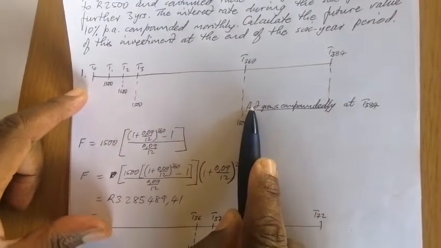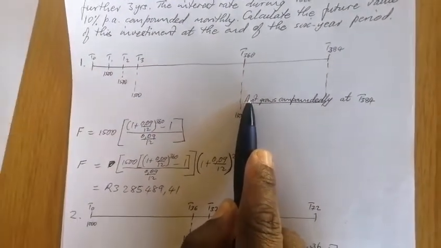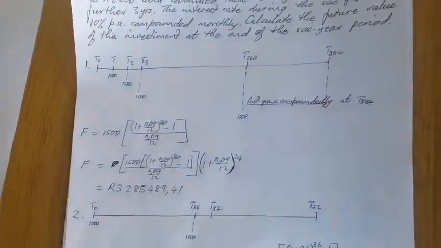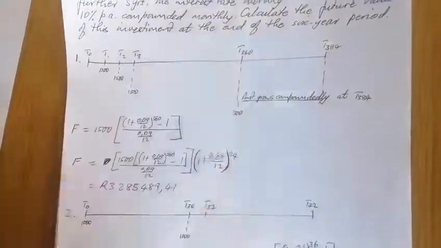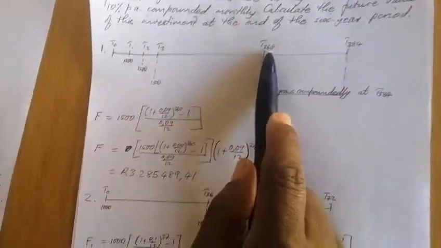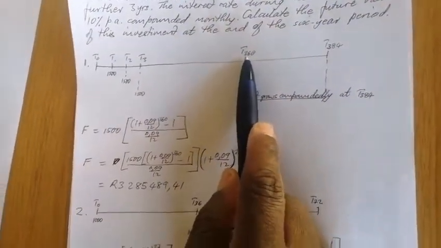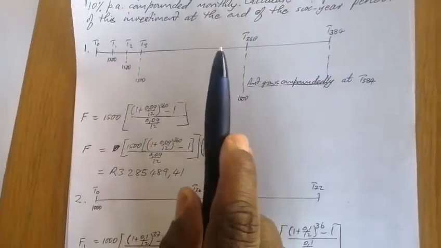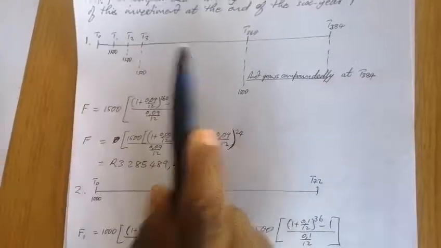So this is an annuity. And from the question, we have heard that it's going for 30 years. And of course, 30 years times 12 gives us 360. The regularity of our time of payment and the regularity of interest must be the same.